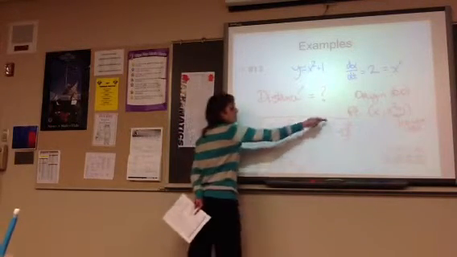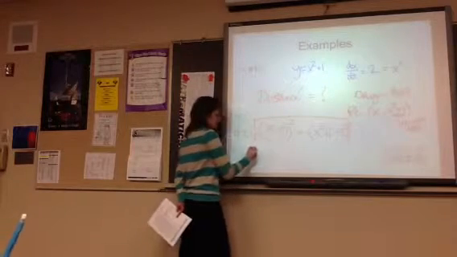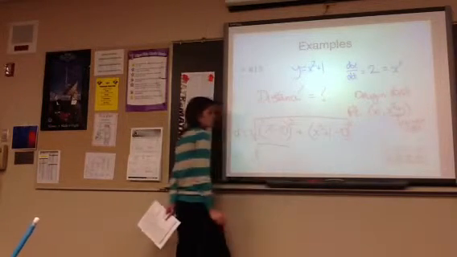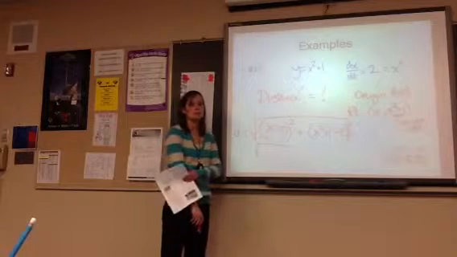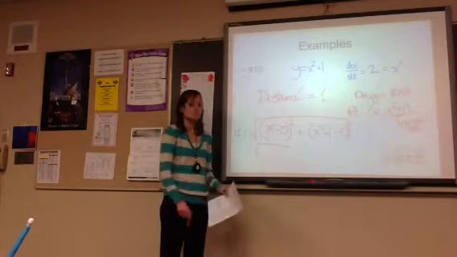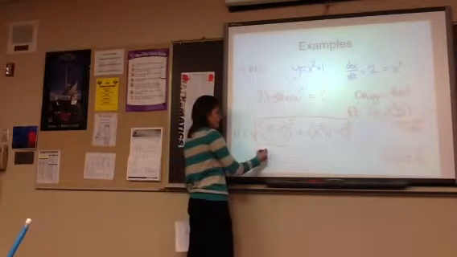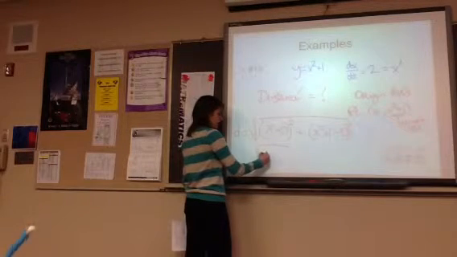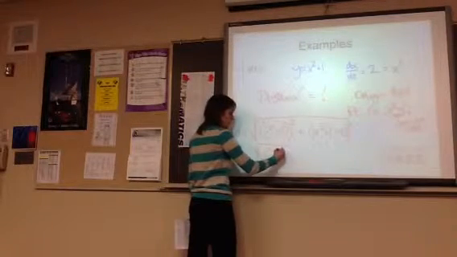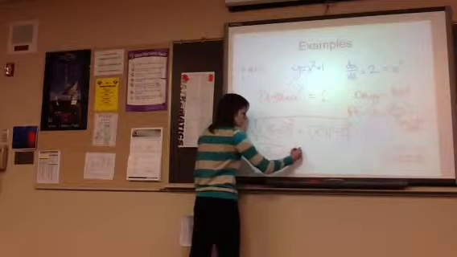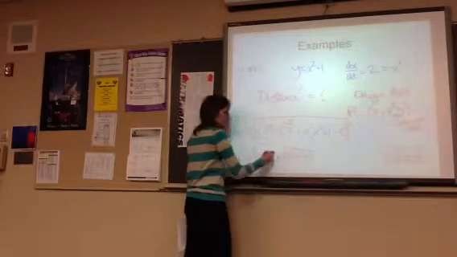Let's simplify inside our parentheses, or underneath our square root. What does underneath our square root equal? X squared plus x to the fourth plus 2x squared plus 1. Do we agree?